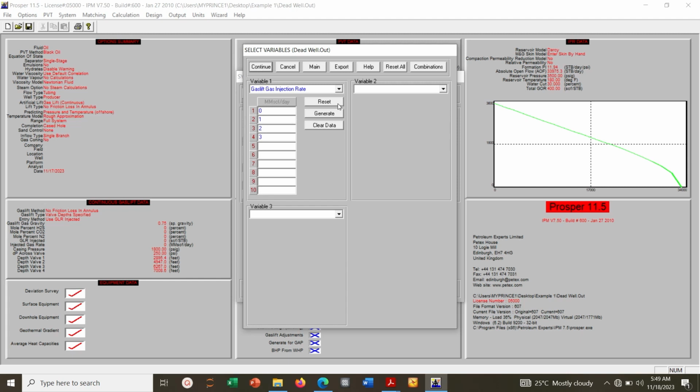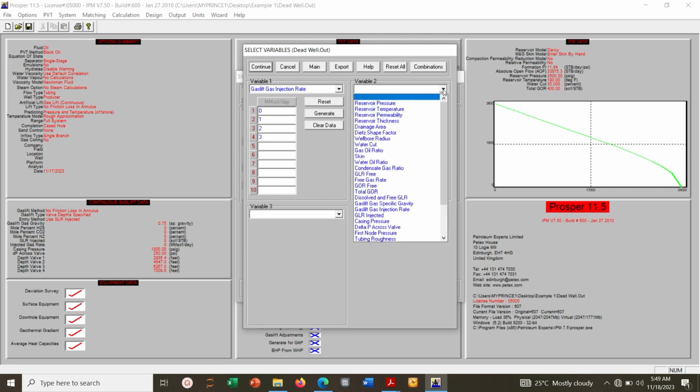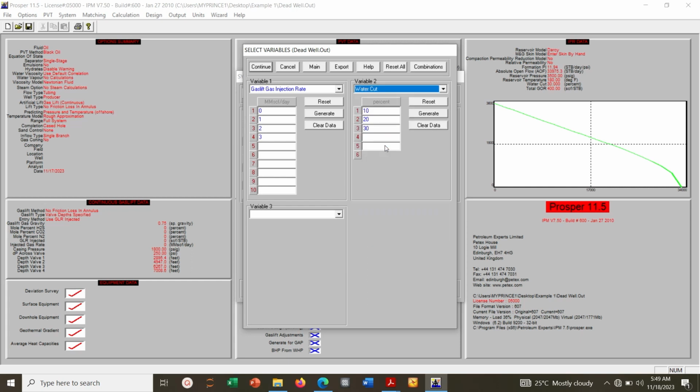But let's just look at the increment in water cut, to see if the well will still produce when the water cut increases to 60%. Let's use an interval of 10. Alright, let's run.